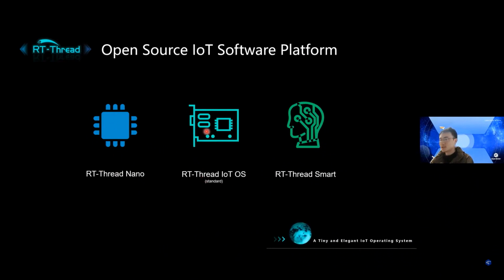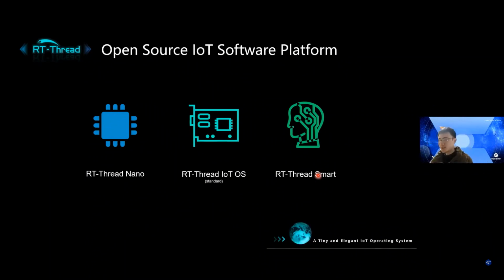While the standard version includes more features such as a device file system, socket abstraction layer, and etc. Both nano version and standard version target middle to low-end microcontrollers, such as this one, if you look at the screen. While the smart version targets high-end system on chips that have a memory management unit, or MMU, such as Raspberry Pi 4.